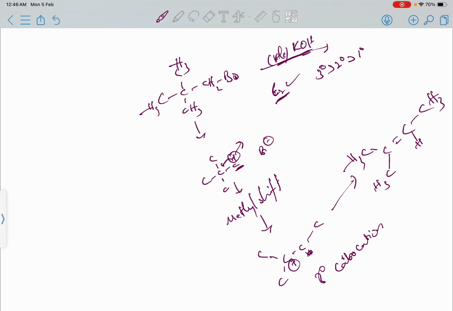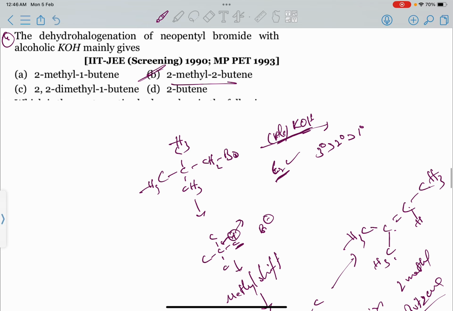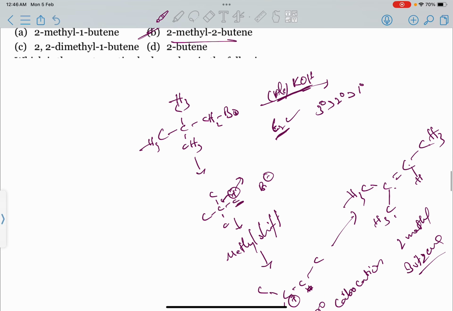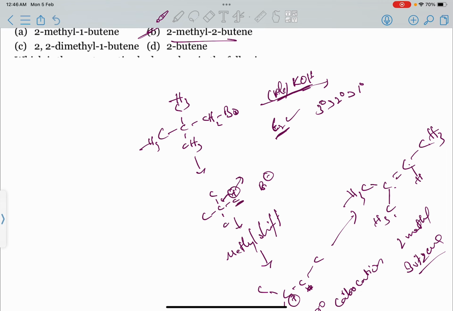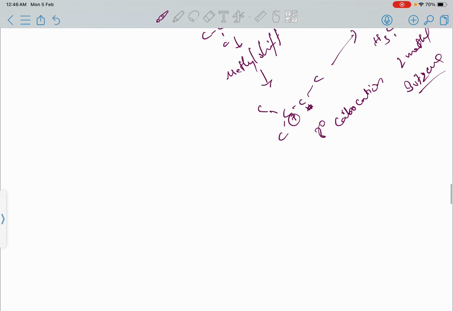What is this? 1, 2, 3, 4: 2-methyl-2-butene. We have got our answer, right? Since it follows the E2 mechanism, we are getting this as a product. Okay, Nana, I'm moving further.